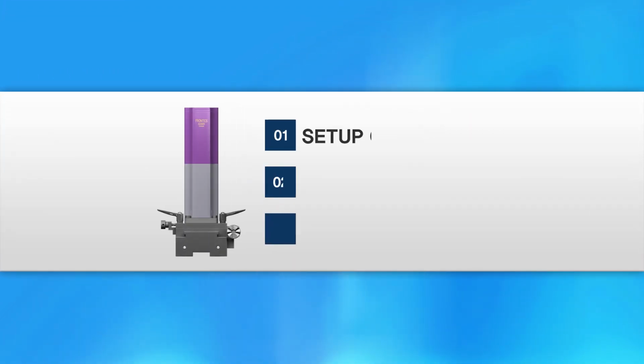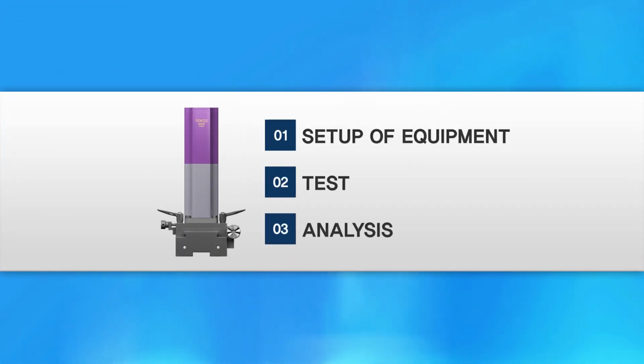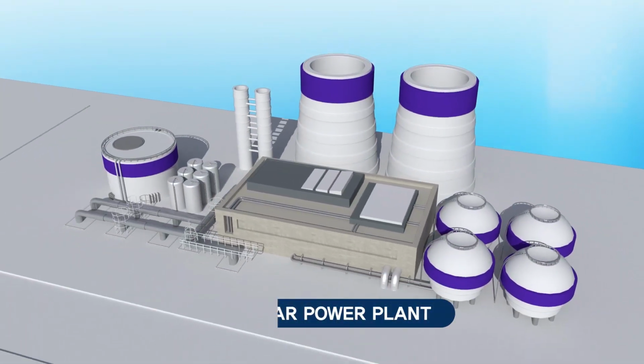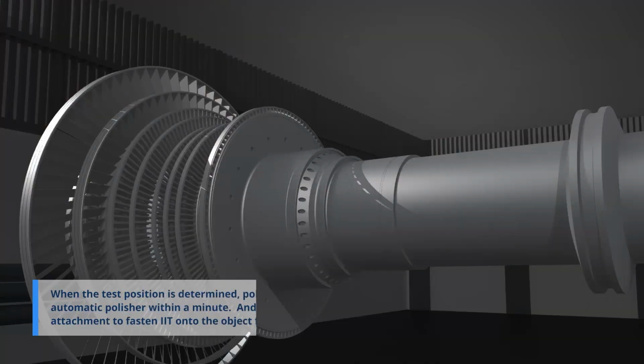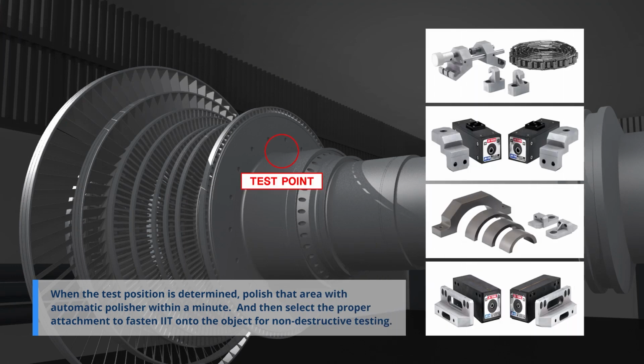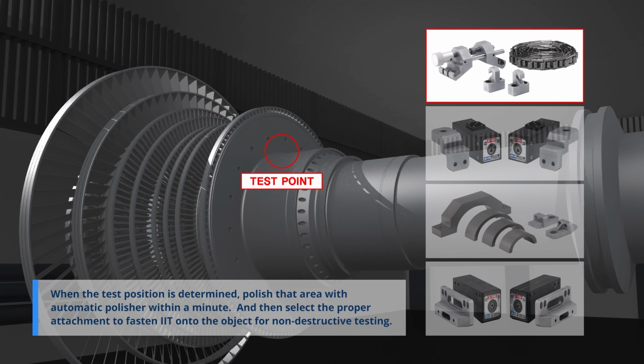Now I would like to show you the field application for the testing of the residual stress. The test procedure is like this. First, we should choose the most suitable attachment according to the shape of the target object. In this video, it is using a fillet jig as attachment to the tested pipe.